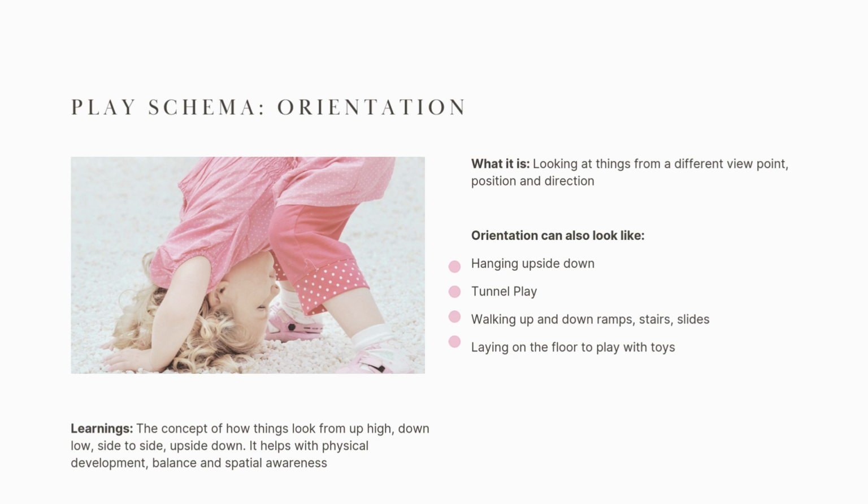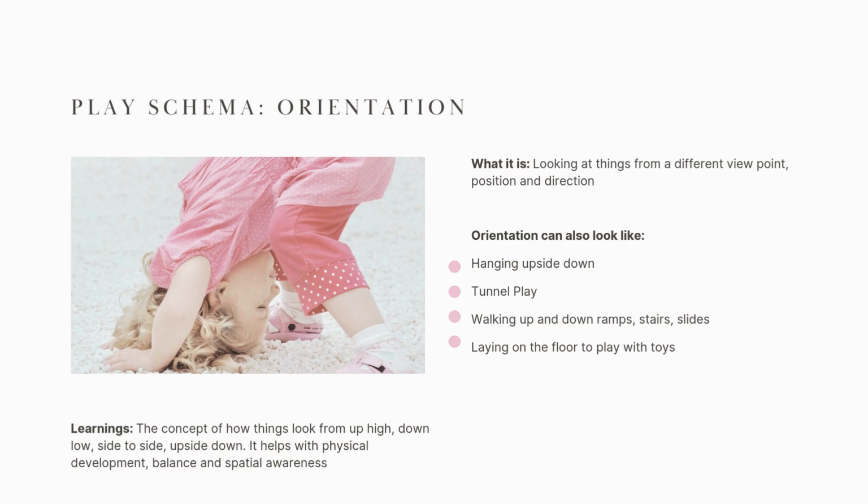And walking up and down ramps, stairs, or slides, this is how they are exploring the concept of being up high or down low, as well as an incline or a decline, such as on ramps. And laying on the floor to play with toys. Children love to explore their toys from different viewpoints. If you've ever seen a child lay on the floor to roll their car, this is why.